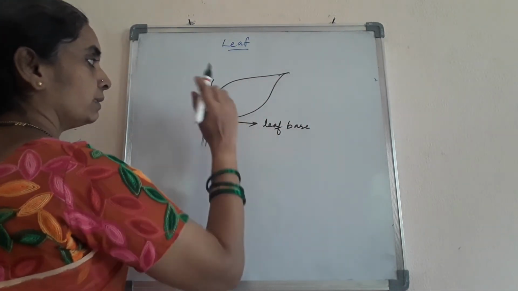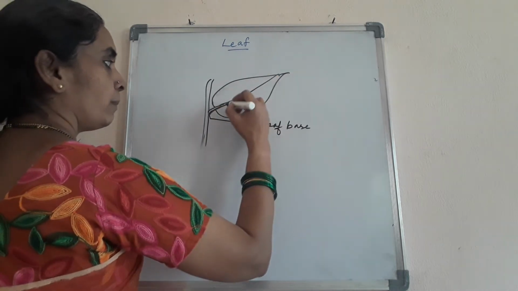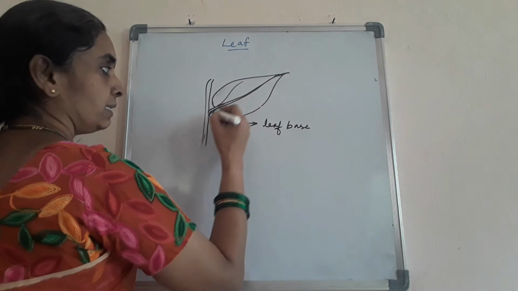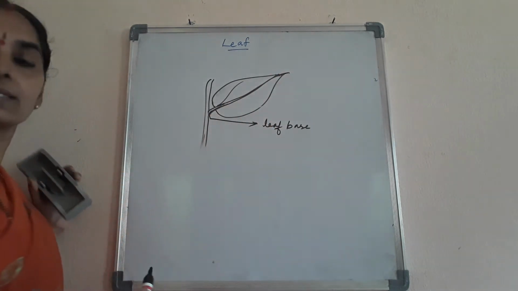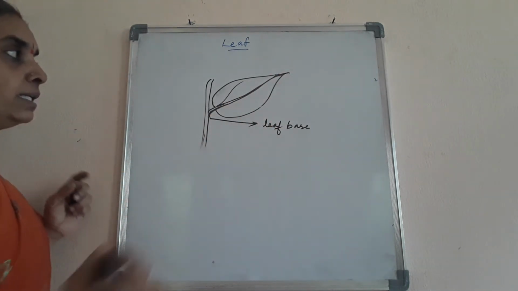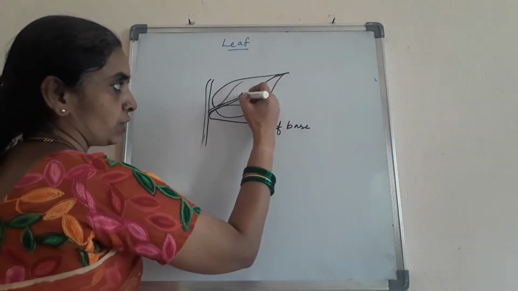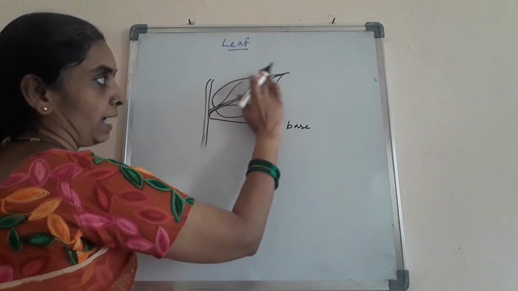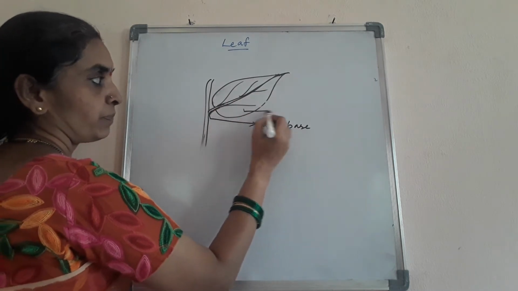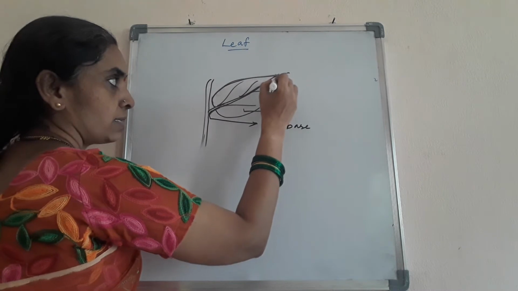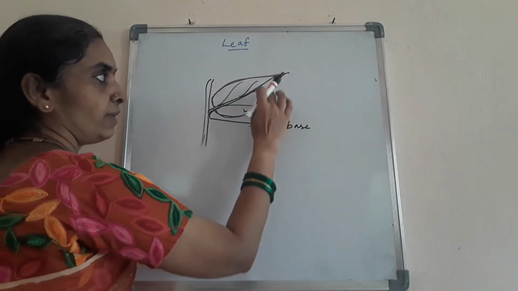So this is the leaf, children. You might have seen this structure, and the long vein that arises in the center of the leaf is called the midrib. And the other portion, the expanded portion that we have drawn like this, is the leaf lamina.